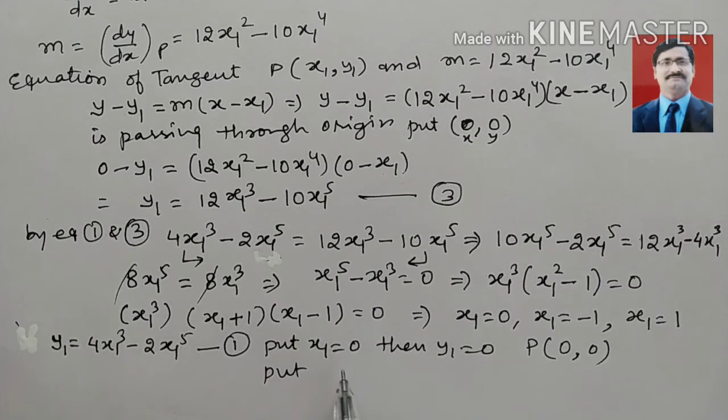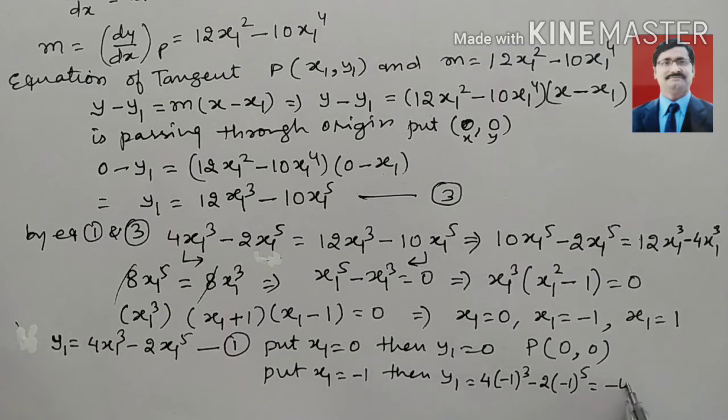Second we put x1 equal to minus 1, then y1 will be equal to 4 into minus 1 power 3 minus 2 into minus 1 power 5. So look here, this is minus 4 and plus 2, so we get minus 2. So second point we get is minus 1 and minus 2.